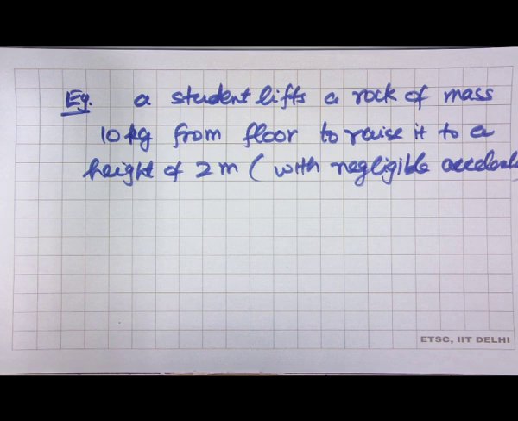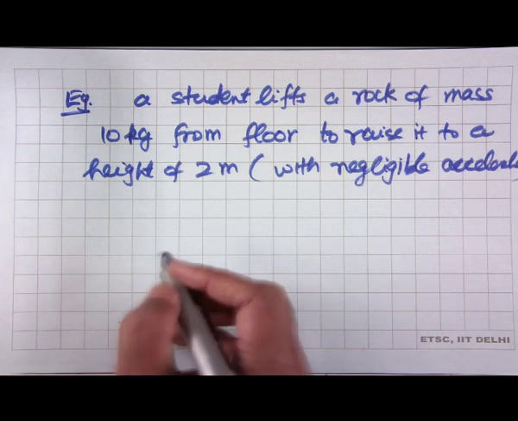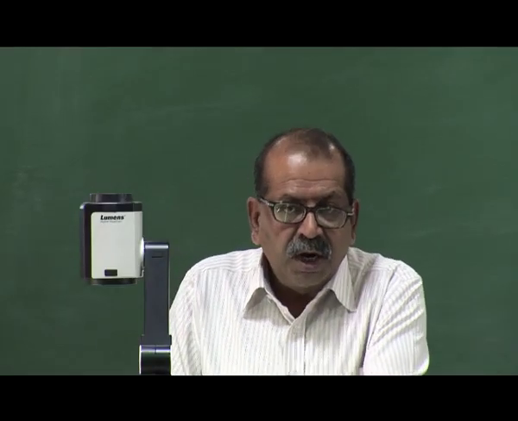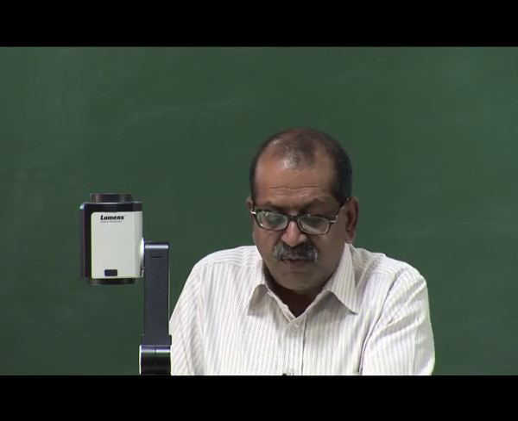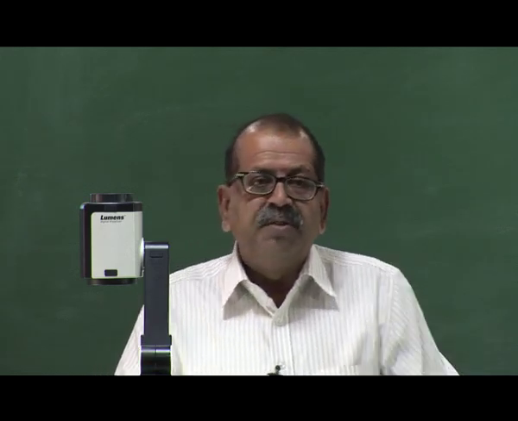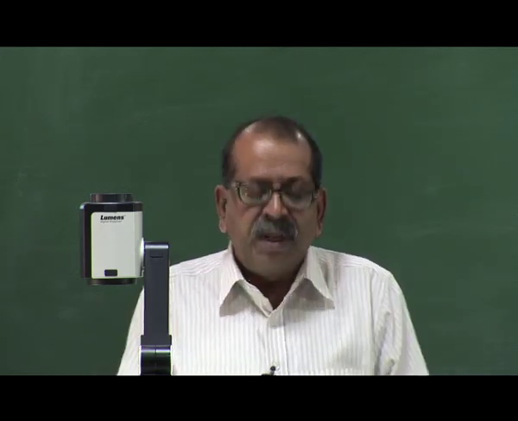So, we are assuming that there is a stone or a rock lying on the ground, and somebody lifts it from the ground up to a height of 2 meters with very negligible acceleration. And the reason for this is we do not want any force to come on the body because of this.